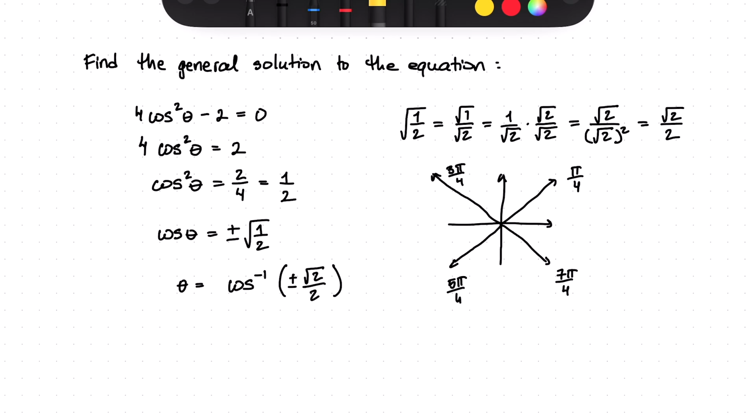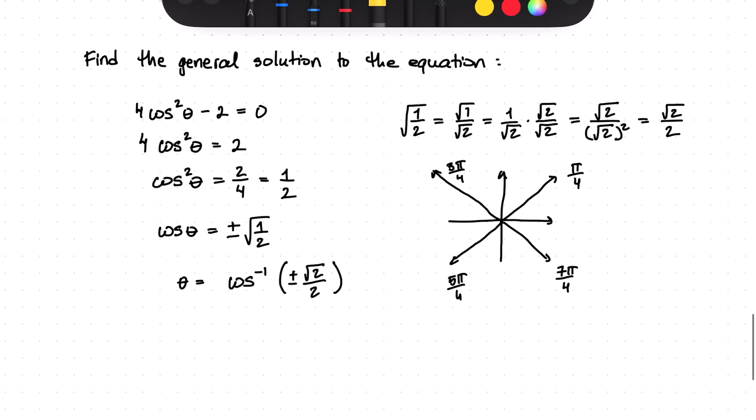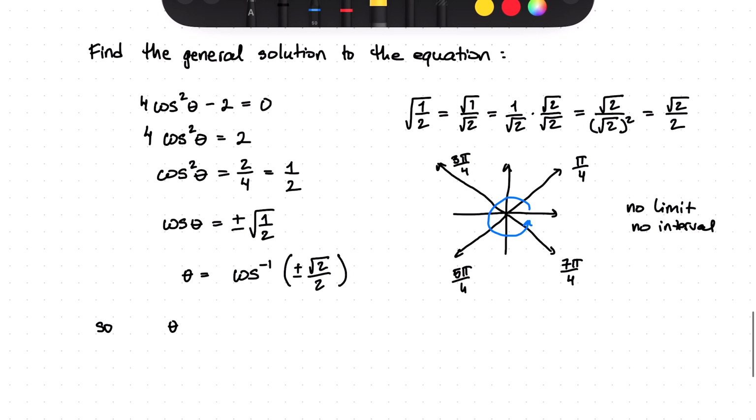Now 7 pi over 4 is going to give us the square root of 2 over 2, and that is going to be positive. Now all of these are our answers. But how do we give the general answer?